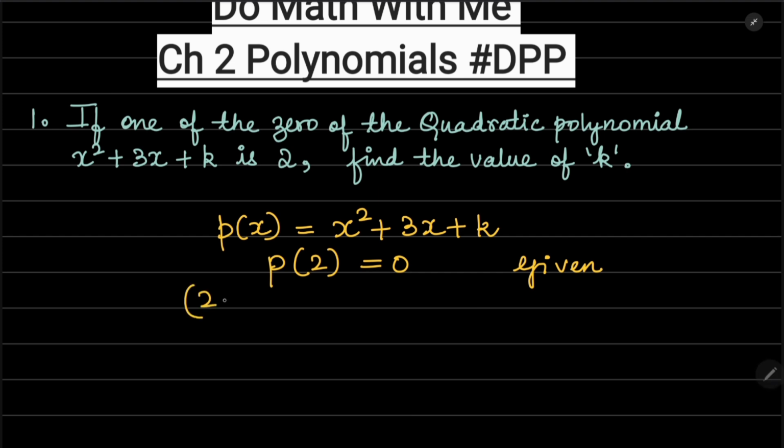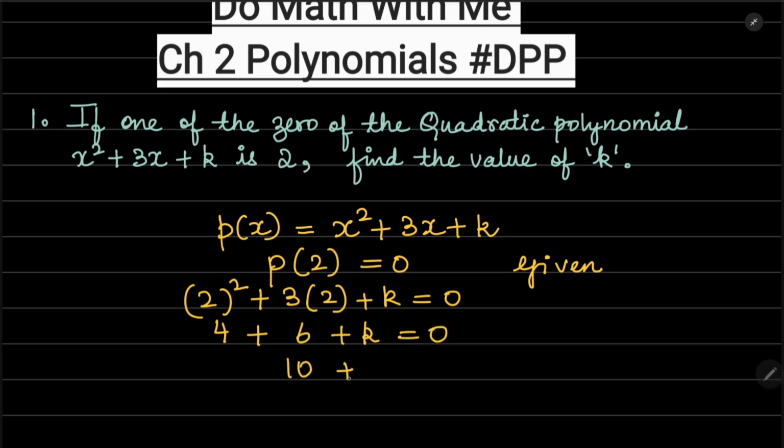So let's go ahead and do it. So 2 square plus 3 multiplied by 2. All you have to do is in this polynomial, in place of x, you have to substitute 2. Okay. So 3 into 2 plus k equal to 0. So 4 plus 6 plus k equal to 0.